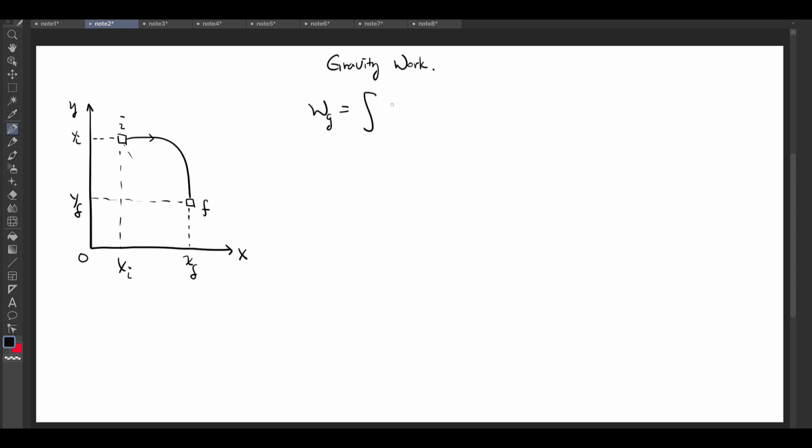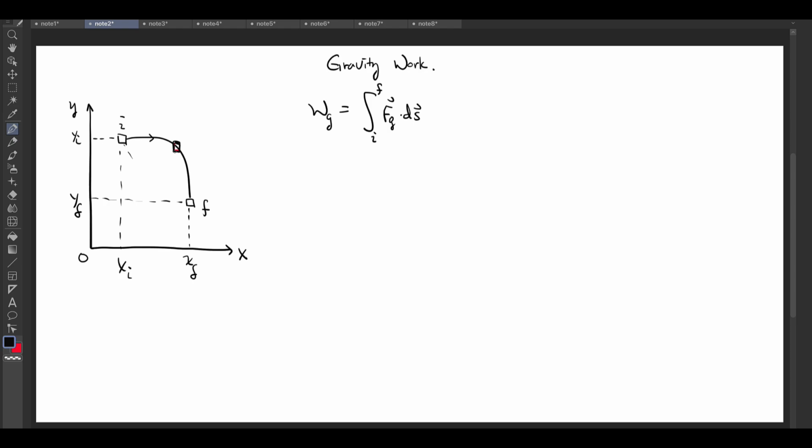According to the definition, it is the integral of Fg dot ds from initial to final position. Now let's take one point somewhere in the process and address this as the arbitrary point, and later we should be able to plug in our formula and do the calculation.